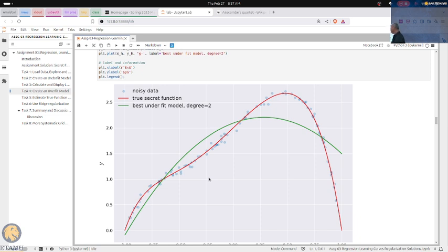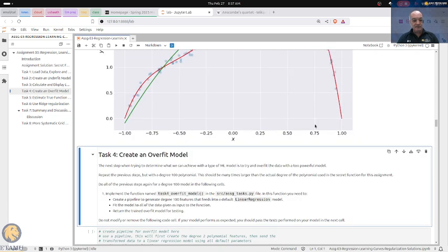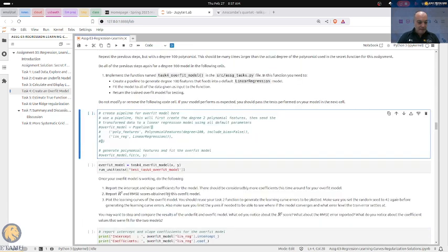So the underfit model will give you something like that. It's just a quadratic, so there are lots of places where it's not going to be able to estimate well. This is the best you can do with a power 2 model in terms of reducing your error here.